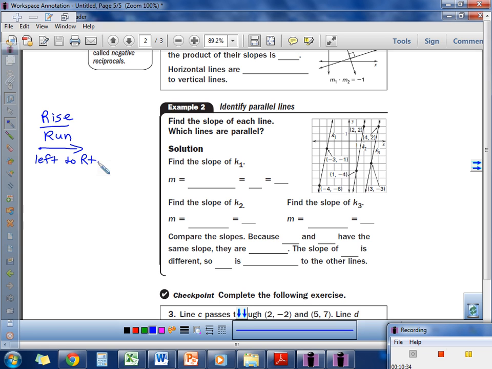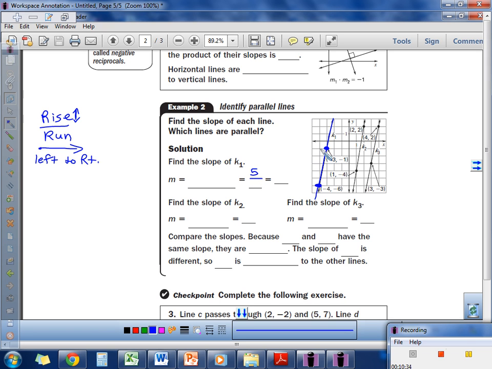Let's find the slope of K1. Which of those 2 points on that line is the leftmost point? Yeah, this one. All right, so I'm going to count from this point to the other point they give me. How much does it rise? How much does it go up? 1, 2, 3, 4, and 5. Okay, so it goes up 5.